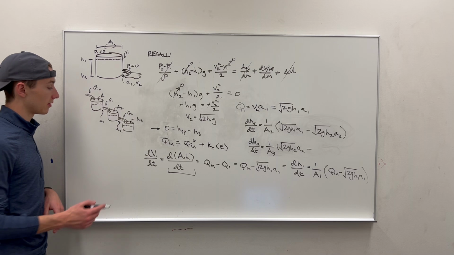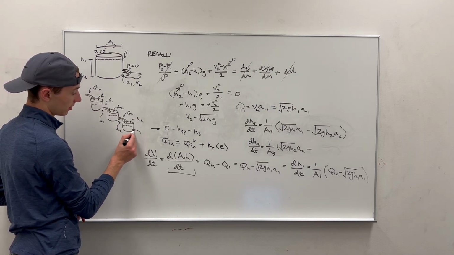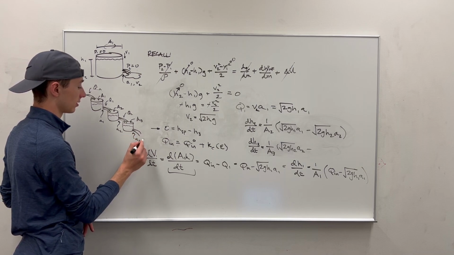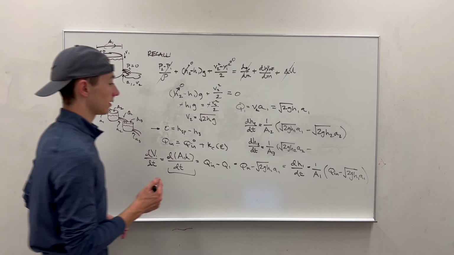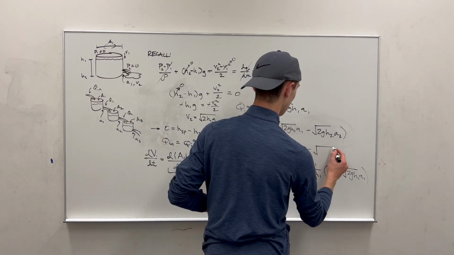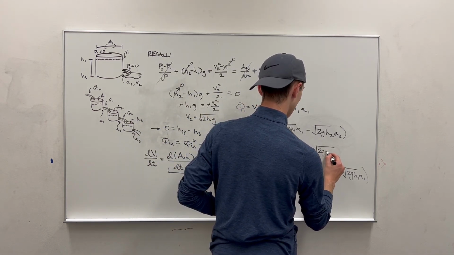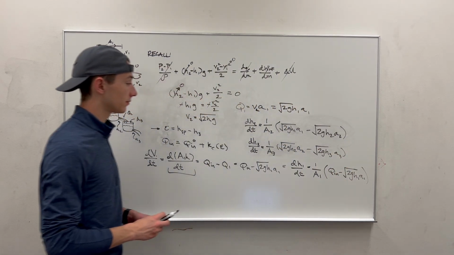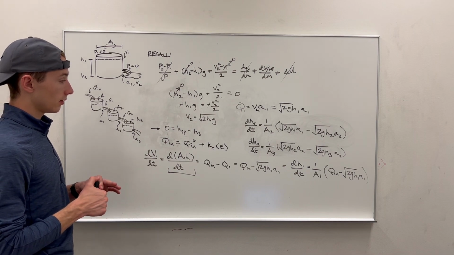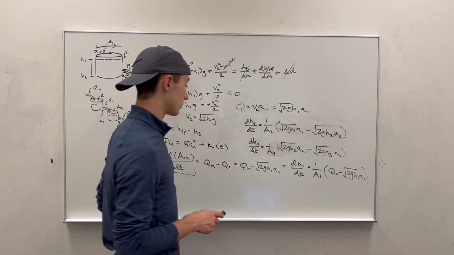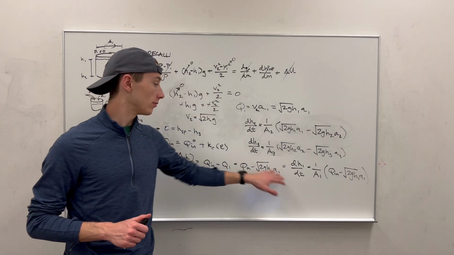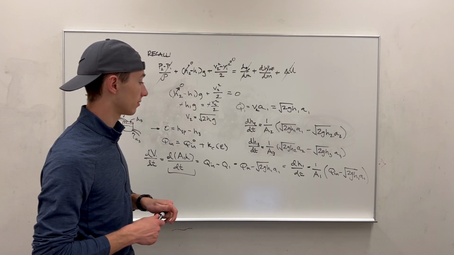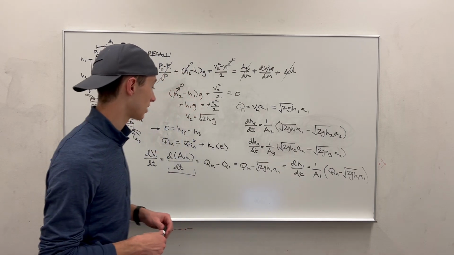So maybe we can assume that this tank also drains into the atmosphere or something and has a cross-section of a whole A3. Okay, so same thing here. And now we've written all three of these expressions for the rate of change of volume of each tank. The rate of change of volume for each tank, described by the rate of change of height in each tank, right?